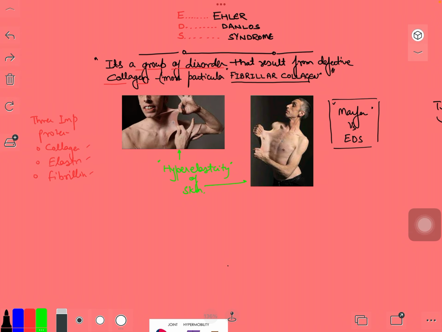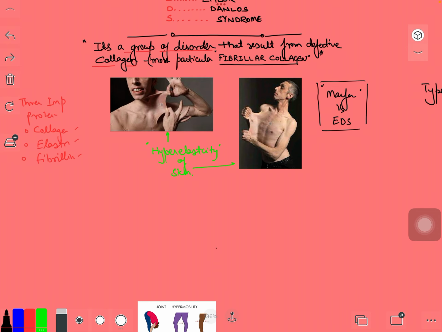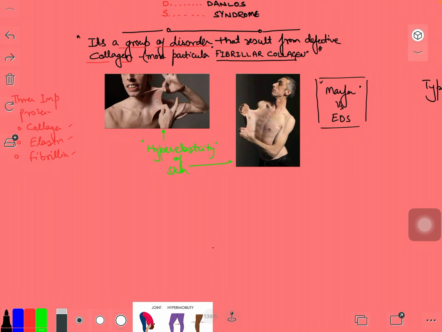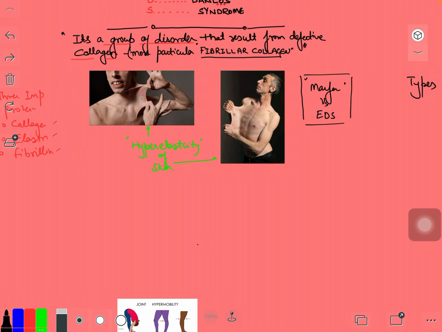First of all, EDS is a problem with collagen, and collagen is among these three important proteins of collagen, elastin, and fibrillin. Collagen is widely distributed in our body. So because it is widely distributed, different organ systems and structures will get defective in this case, right? However, at least a few important symptoms will remain constant throughout the types.